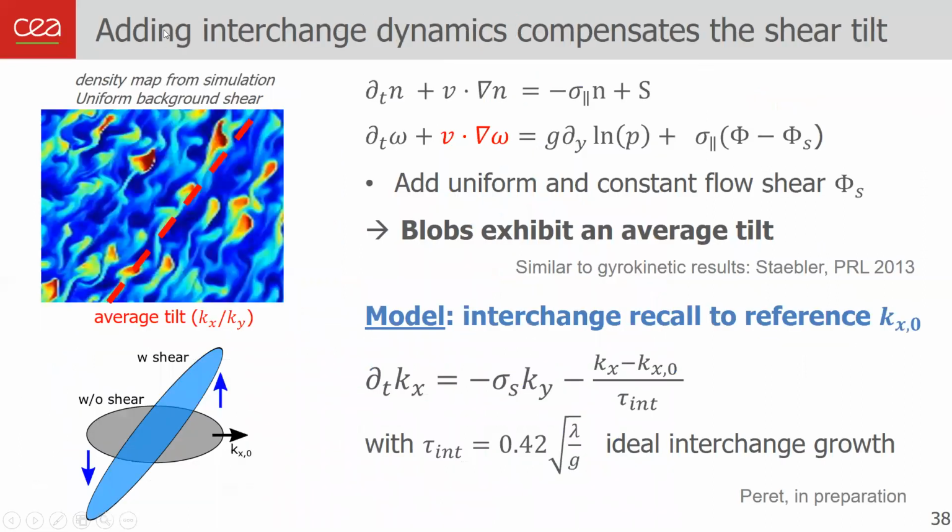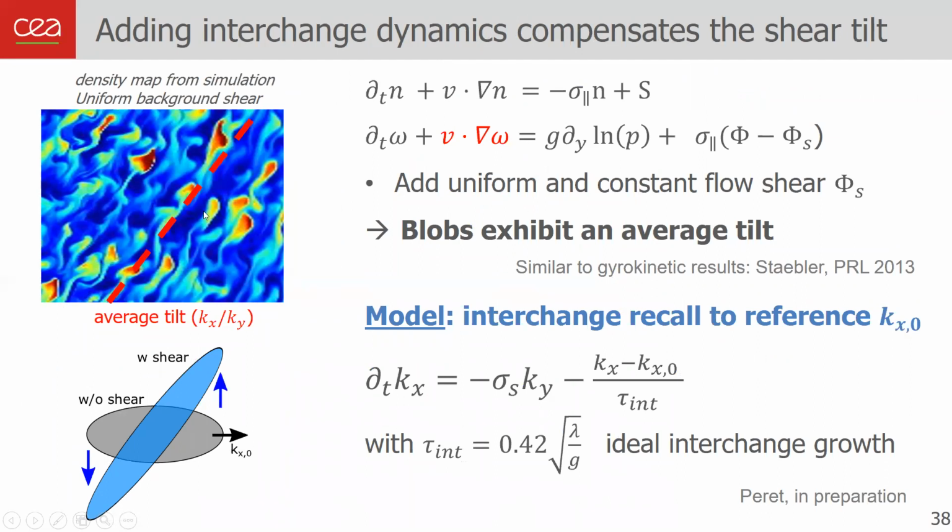Because if you add interchange dynamics, or this curvature polarization term, in the system, so you have these blobs, and if you impose a uniform sheared flow in the box of the simulation, you find that basically blobs follow straight trajectories with an average tilt.